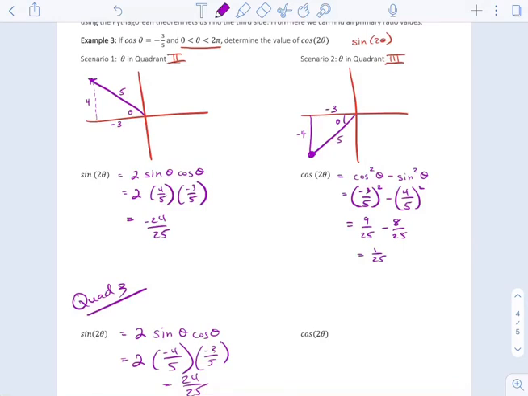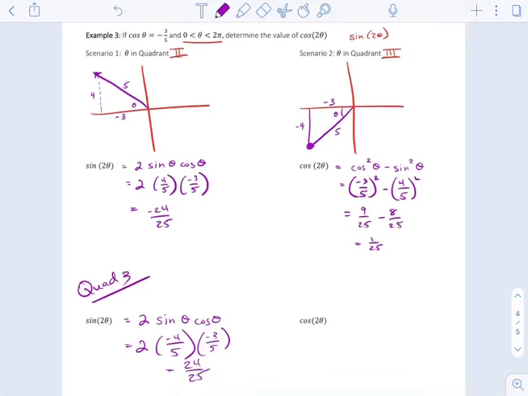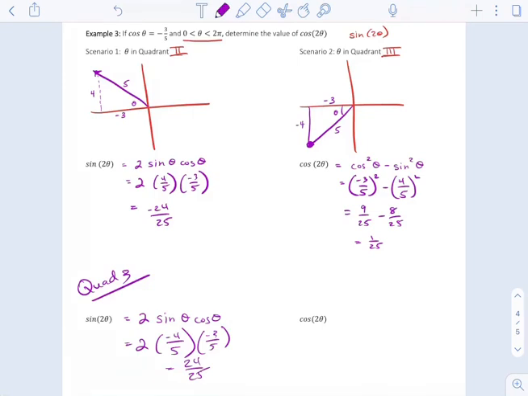If our cos is negative 3 over 5, that's one of our possibilities because it does not tell us what quadrant it's in. It tells us it's just one full circle. So we can only narrow it down to quadrant 2 and quadrant 3 because cos is negative, and those are the two quadrants cos is negative in. And finally, cos 2 theta. Now this one is going to work out to be the same as what's above because sine is being squared.